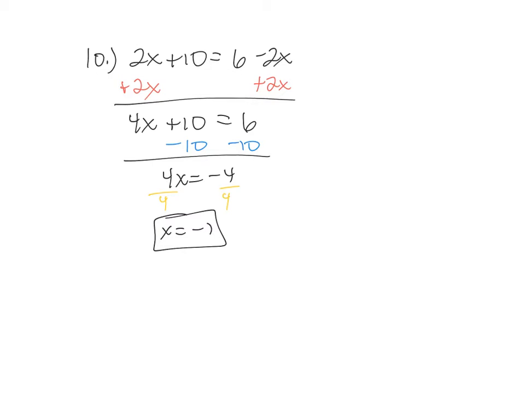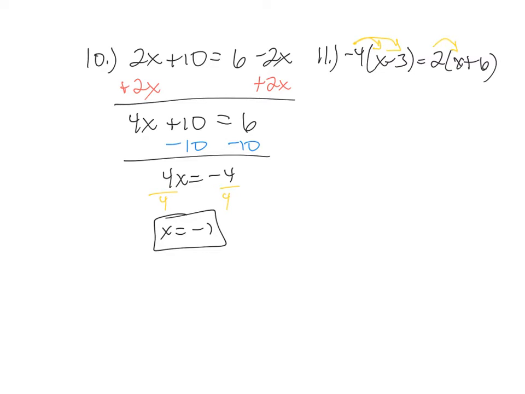Alright, number 11. 4x is 3. Okay, so distribute to get rid of the parentheses first.